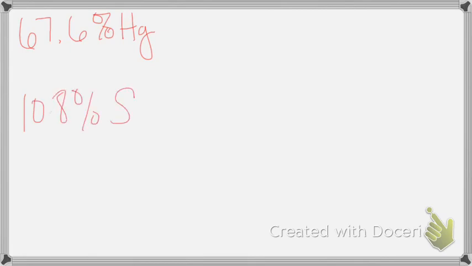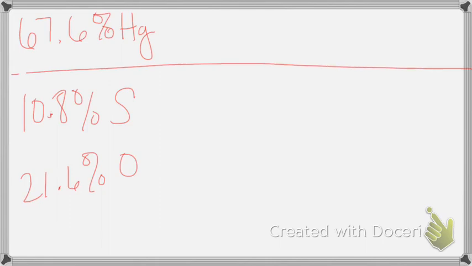Okay, let's do one more example. What if you have 67.6% of mercury? That's a little different. 10.8% sulfur. 21.6% oxygen. Okay, let's start with mercury.